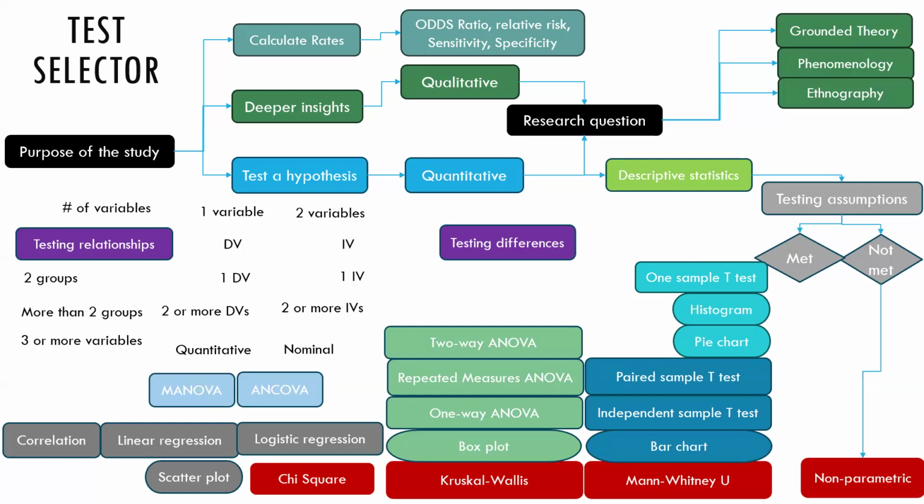I know this is a lot of information, but it's all here on one screen, and if you answer those questions on the number of variables, the number of groups, and the types of variables in each group, it'll actually lead you to the right statistical tests to run.